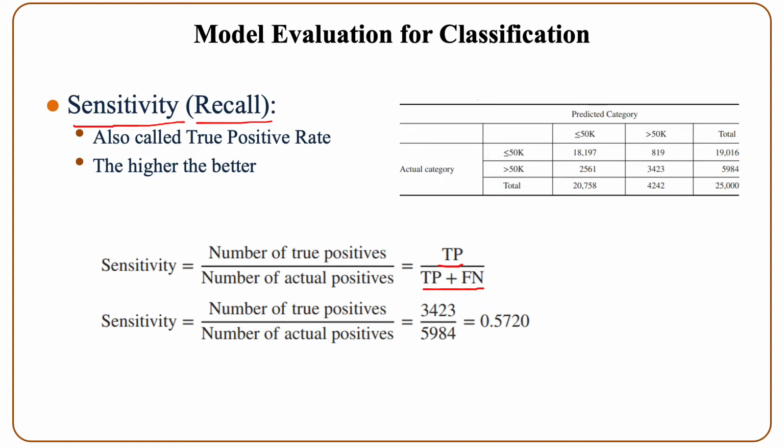So from the confusion matrix, we plug in the number of true positives divided by the number of actual positive, which is this sum on the right side, on the column on the right side. So we plug those in and we get 57%.